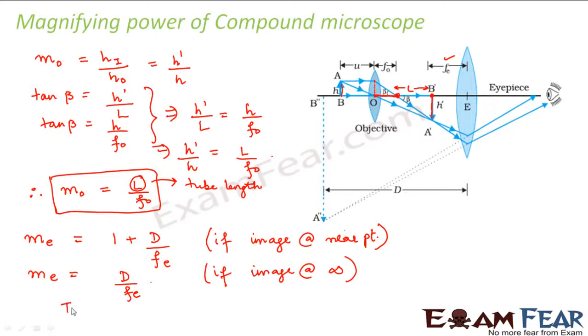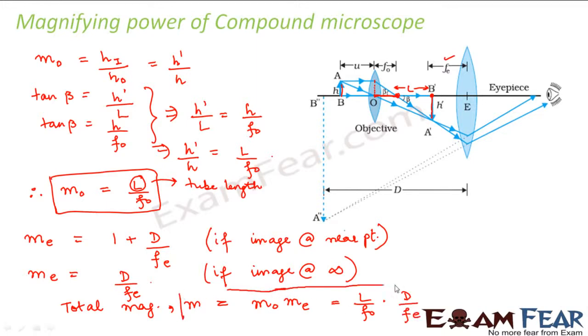Therefore, what would be the total magnification of a compound microscope? The total magnification is equal to the magnification of the objective multiplied by the magnification of the eyepiece. The magnification of the objective is L by f naught and the magnification of the eyepiece, let us consider it as d by fe. So this would be the total magnification of a compound microscope.